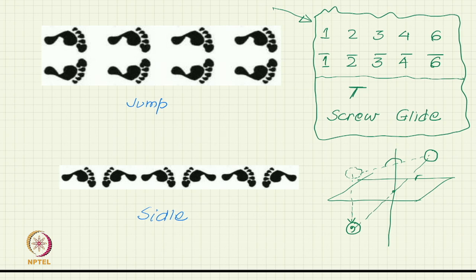So what you are showing is that one bar is two-fold rotoreflection. Our naming will change depending upon our preference, but in terms of mapping we are not getting any new mapping; the same point is being mapped to the same point in exactly the same fashion.